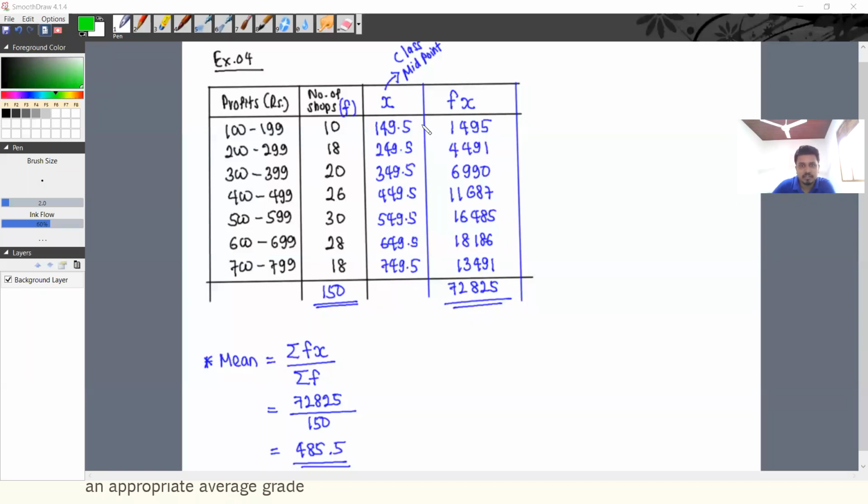What we do normally is take these figures one by one. We multiply 10 by 149.5 and write the answer here, then the next one and write its answer, and so on. Then to get the total, we again need to add one by one, 1495 plus this one plus this one, likewise. You need to add all these again to get the total.